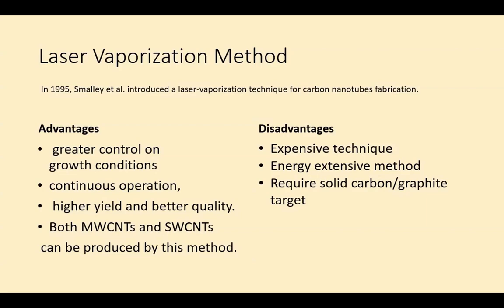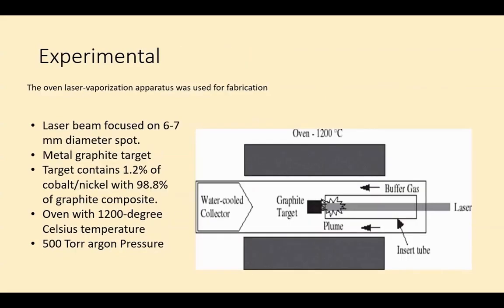It also allows continuous operation, and carbon nanotubes produced by this method have better quality and higher yield as compared to the arc discharge method, where we can mostly produce only single wall carbon nanotubes. In this method we can produce both multi-wall and single wall carbon nanotubes.